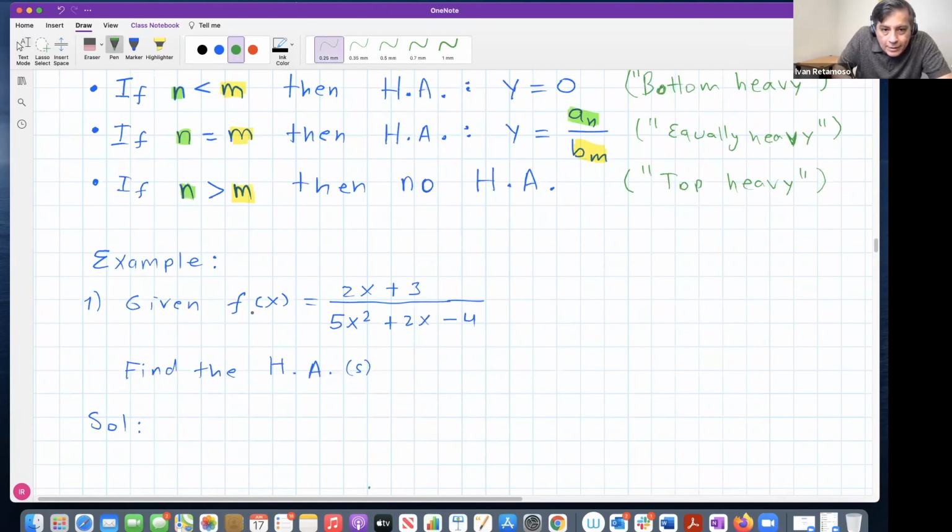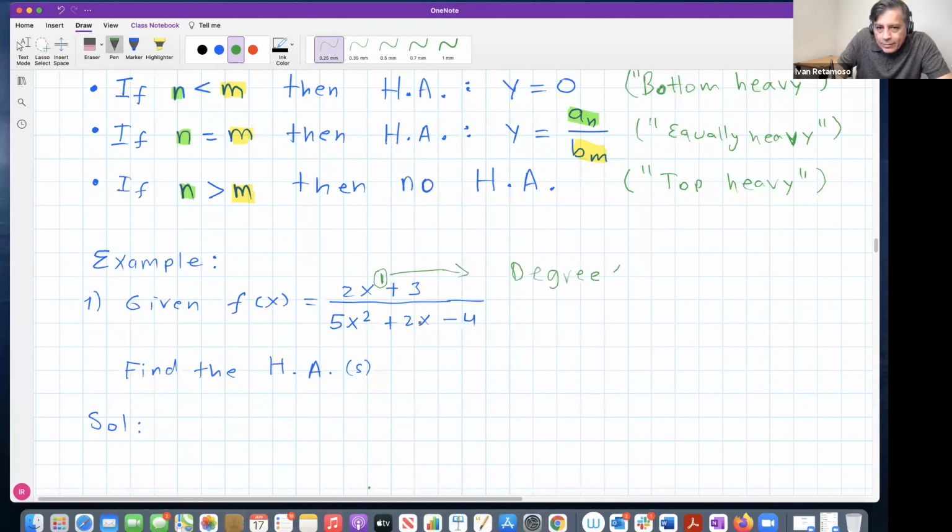Right, let me give examples of each scenario. First scenario says f of x equal to x plus 3 divided by 5x squared plus 2x minus 4. Find the horizontal asymptote, or asymptotes, in case there is more than one. All right, let's follow this method. The method says compare the degrees. The degree of the polynomial on the top is just this invisible one, degree 1.